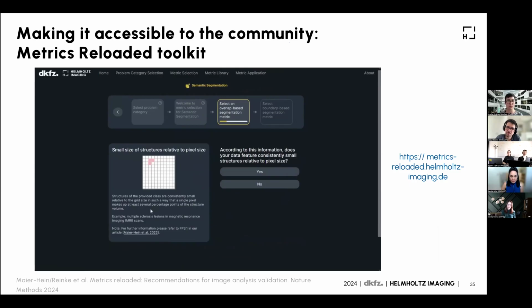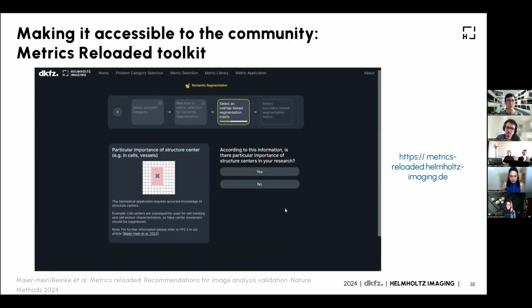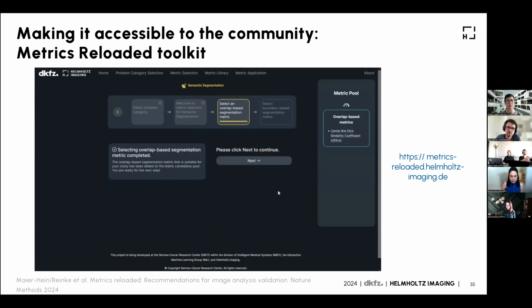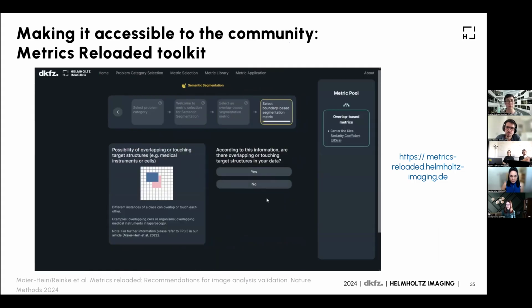It will provide you with some explanation and images of what we mean by these, so that you get guided through the whole framework. And by doing this, you will at some point see some recommendations popping up. I think now you see the first one. And if you continue, the system will present you with the other recommendations.